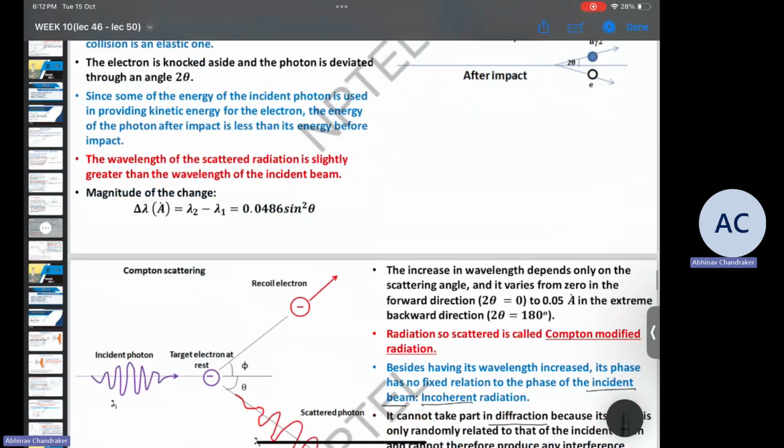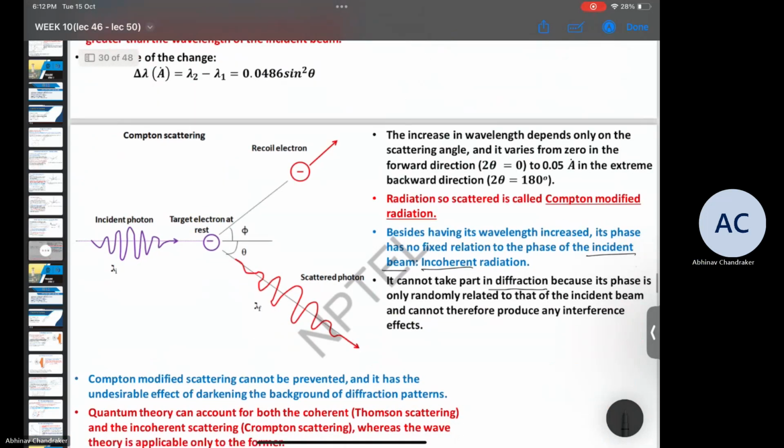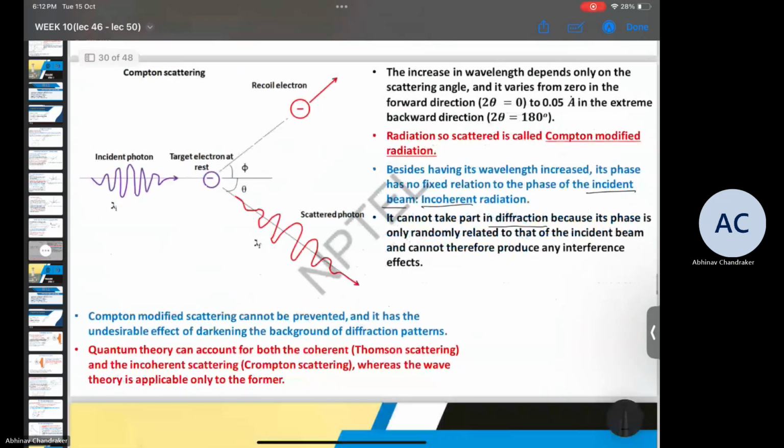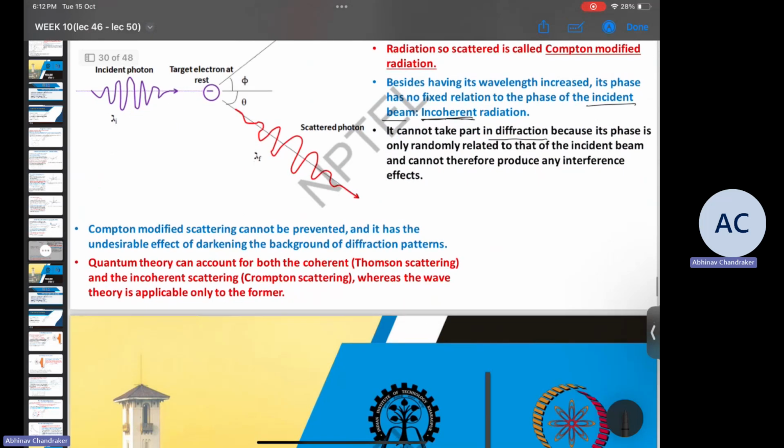So the wavelength will increase slightly. So both things are occurring. The X-ray is incoherent also, and the wavelength is also increasing. And this will not produce any interference effects.